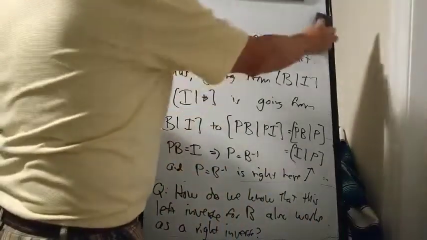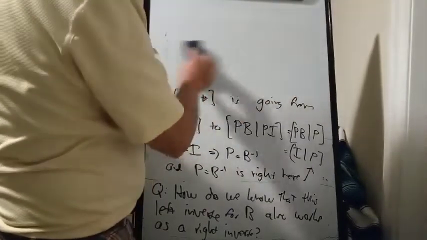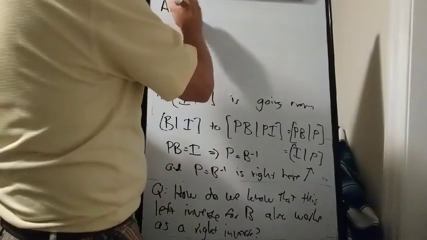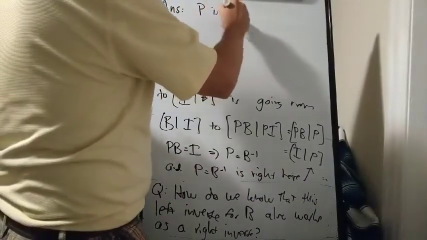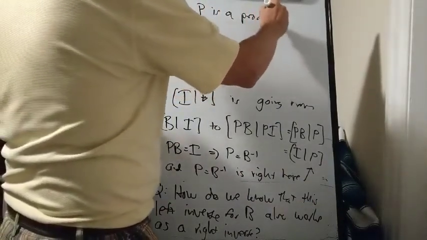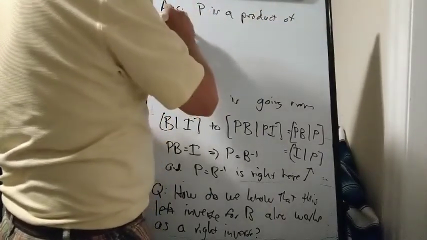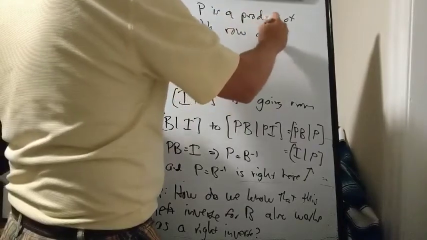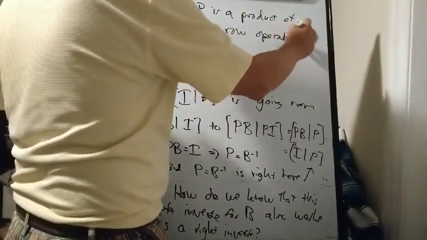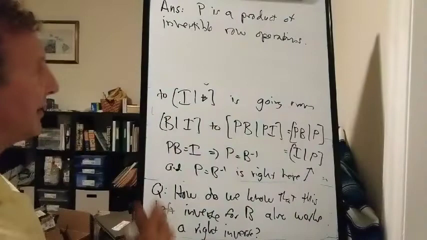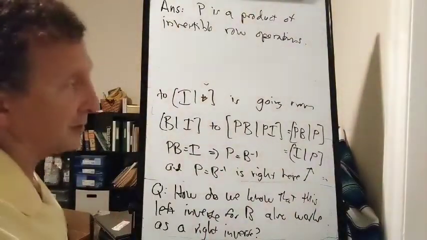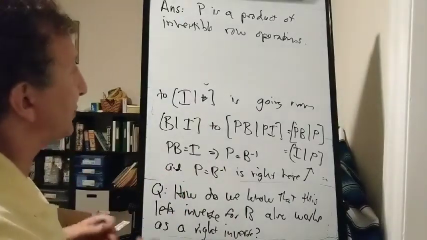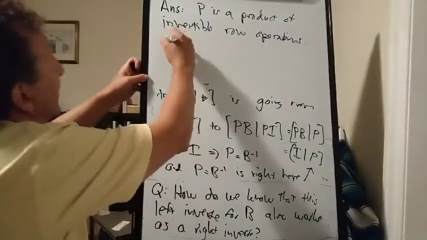Well, we know that P is a product of invertible row operations. That is, it's a process that we can undo if we want to. So if we can undo left multiplication by P, that means it has an inverse.